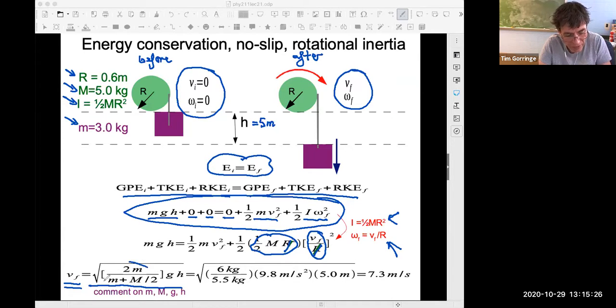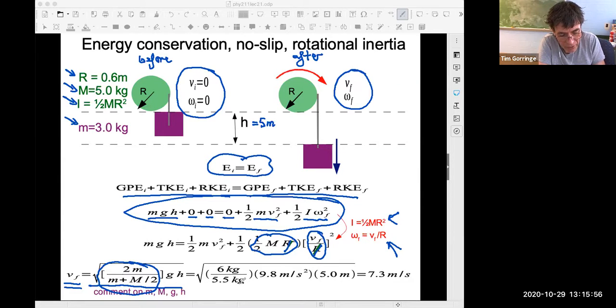It's a ratio of masses, the factor that multiplies the gh in the square root. It's really a comparison of the masses of the bucket and the pulley, which determines what fraction of gravity is able to just pull the bucket rather than having to rotate the pulley. And so at this point, you can plug in all the numbers.